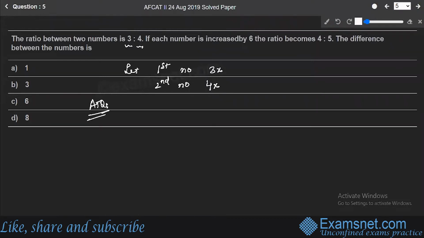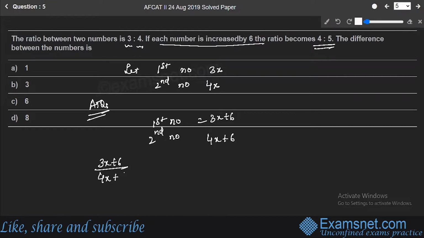According to the question, it says if each number is increased by 6, that means the first number becomes 3x plus 6 and the second becomes 4x plus 6, then the ratio will become 4 is to 5.